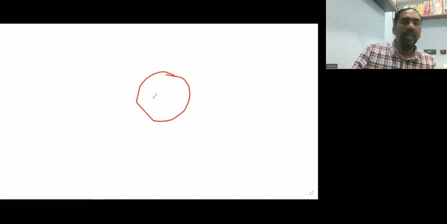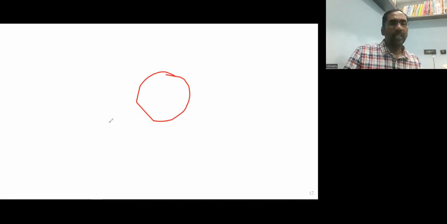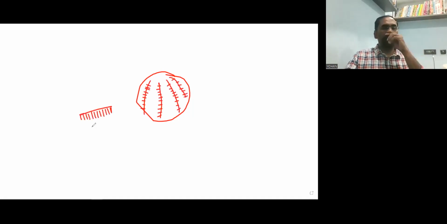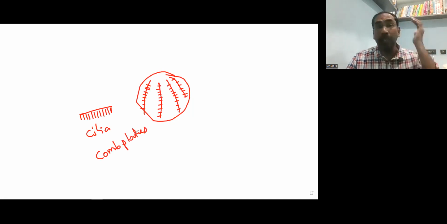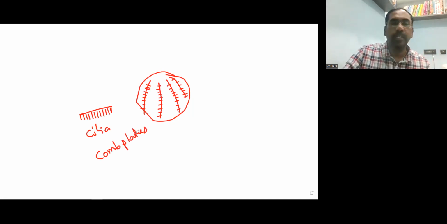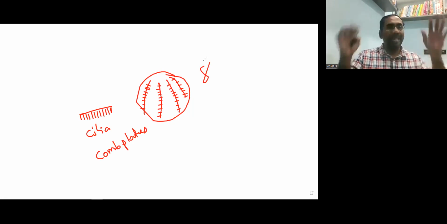Many cilia are arranged in such a fashion that it appears like a comb. What is a comb? A row of cilia. And these are called comb plates. How many rows of comb plates are present? 8 rows. They help in swimming.